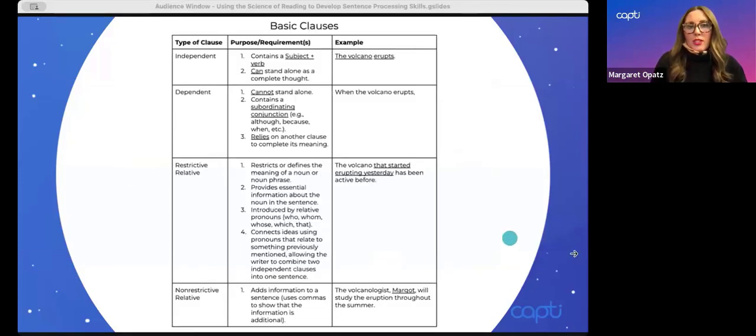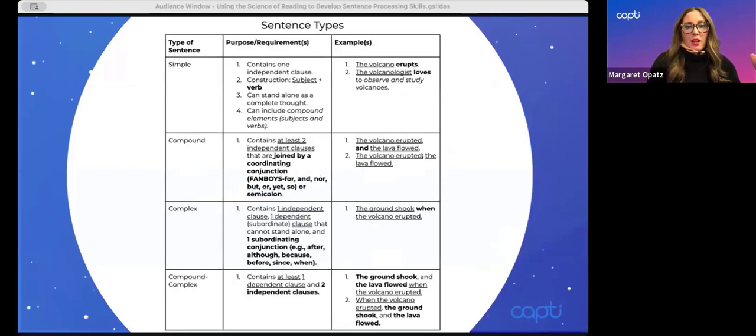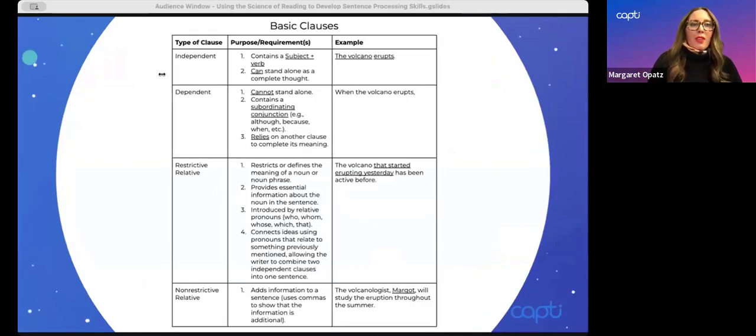So once students have that understanding of phrases, we can move to the clausal level. So we can teach them these basic clauses. We can look at an independent clause, and we can teach them that this does stand alone as a complete thought.